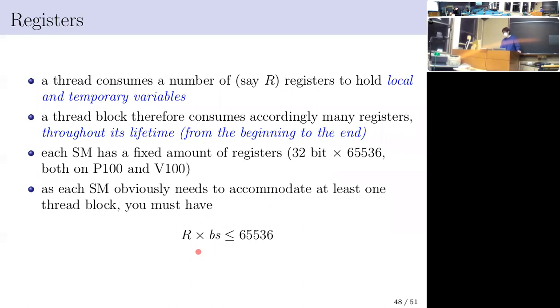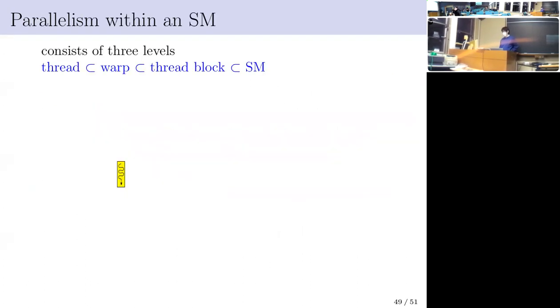You can have only so many threads within a single thread block, so that the total amount of space required for registers doesn't exceed this amount of space, right? So this is actually another absolute constraint that is imposed.